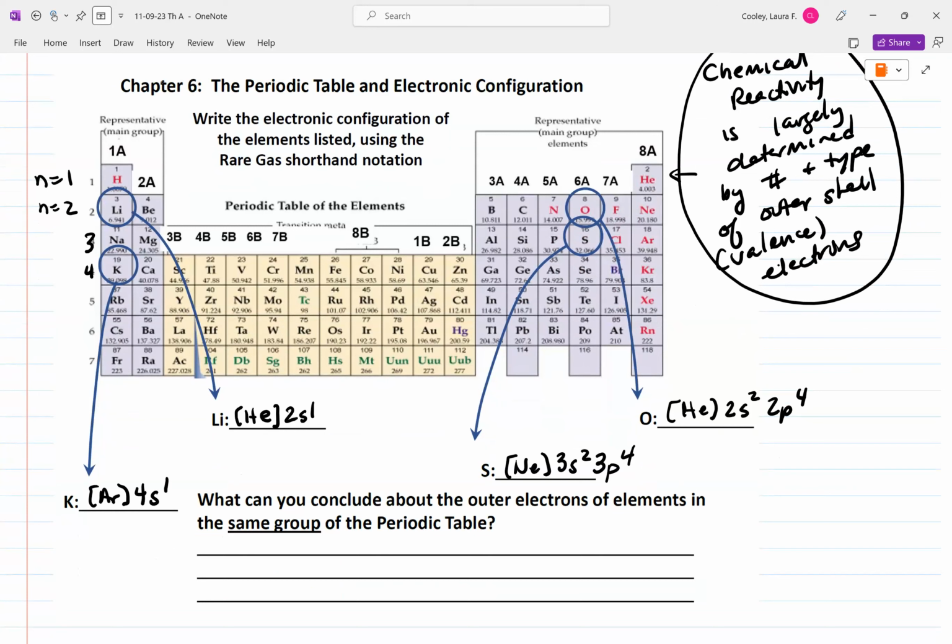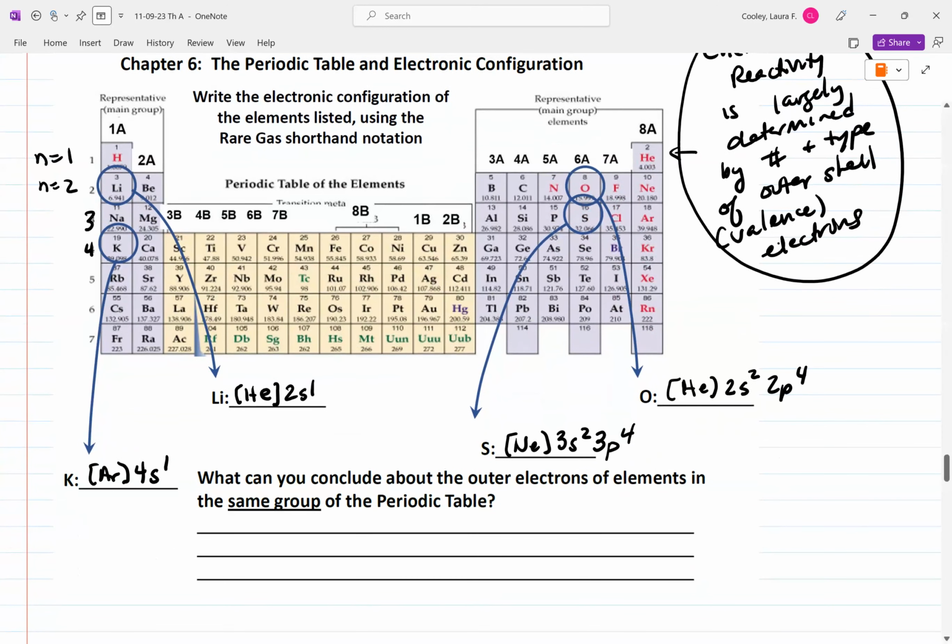So what can you conclude about the outer electrons of elements in the same group of the periodic table? So what do you think you should write here? The same number and type of valence electrons. Yes. So that's what you should write in here, something like that.